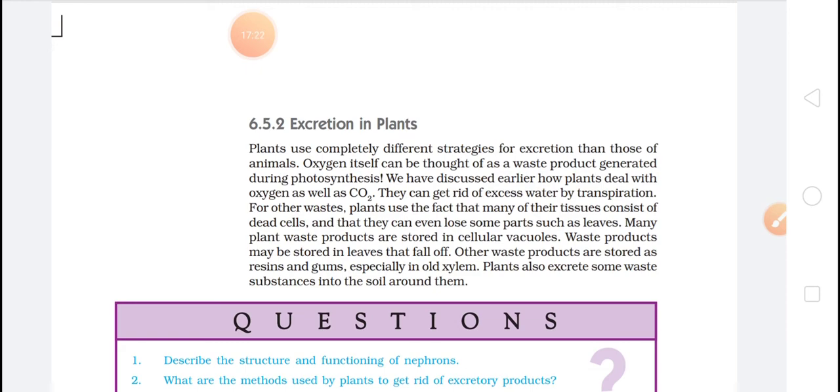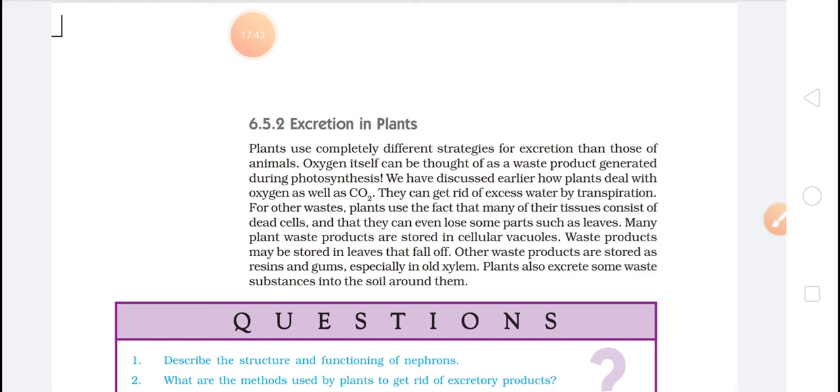So these are the waste materials which the plants are producing, and they will be removed. For other waste, plants use the fact that many of their tissues consist of dead cells and that they can even lose some parts such as leaves. Many plant waste products are stored in cellular vacuoles. Waste products may be stored in leaves that fall off.